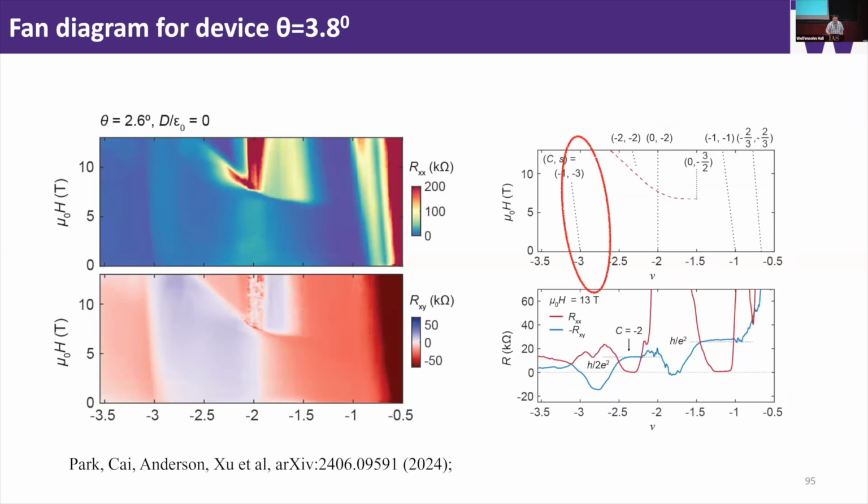Then we can do the same measurement for the twist angle 2.6 degrees. Again, there are a lot of interesting features in this plot, but what I want to emphasize is to focus on the data at filling factor -3. Now you see that the slope actually is negative, and it has the same sign as the filling factor -1. So both have Chern number -1.